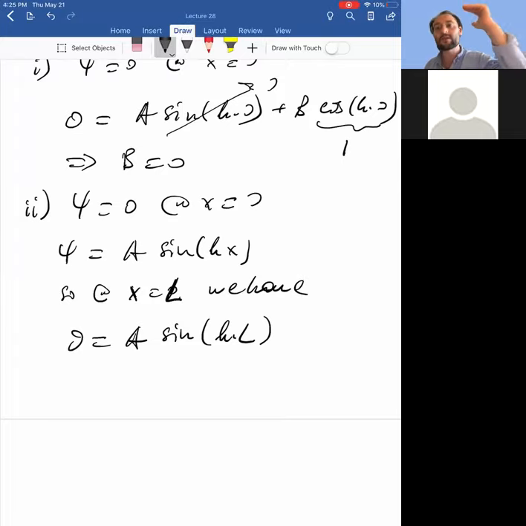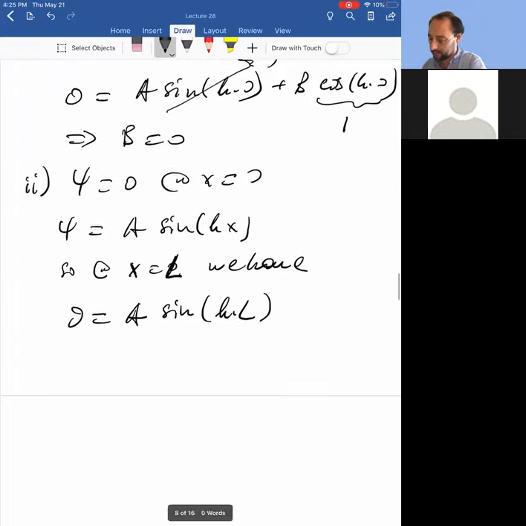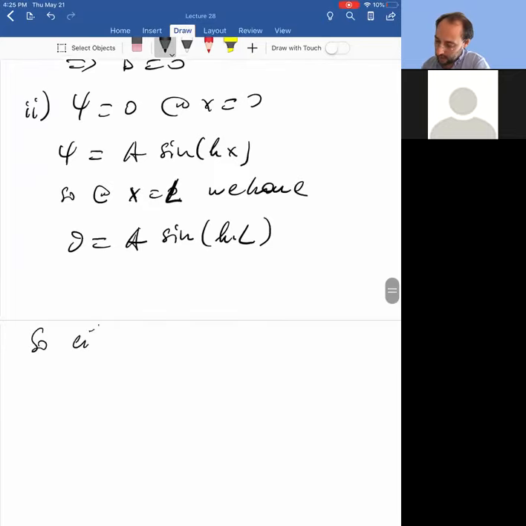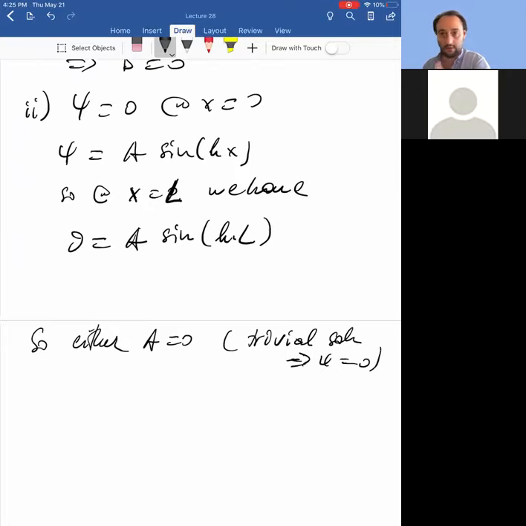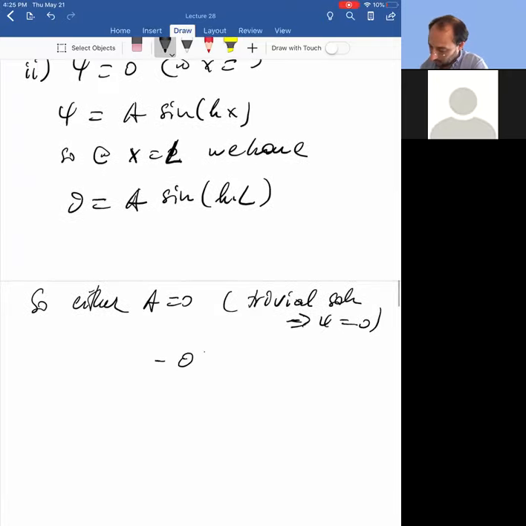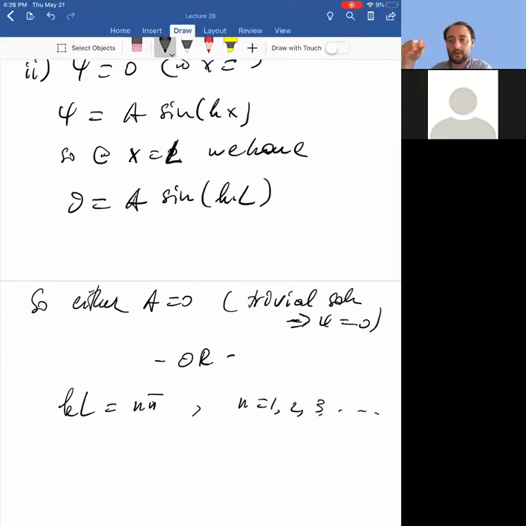So there's a reason we did all those things, right? So either a equals 0, that's a trivial solution because it just says that the wave function is 0, there's no particle. Or KL equals n pi, n equals 1, 2, 3, and so on. We don't need to include negative n's. It doesn't really bias anything.